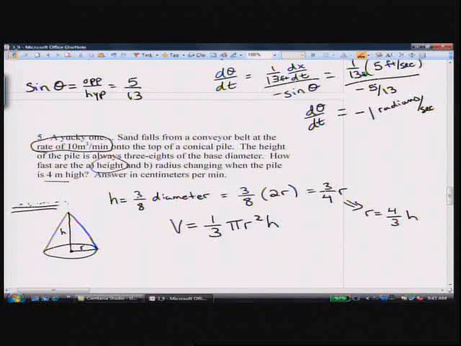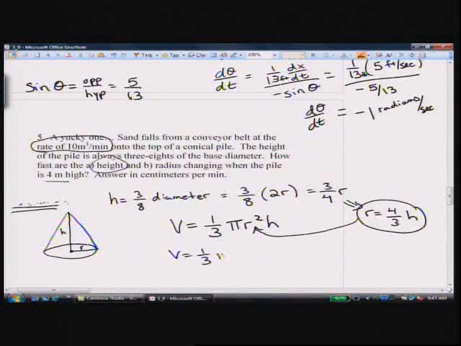Do y'all agree with that? If h is equal to 3/4 r, then r must be equal to 4/3 h. Okay? So I'm going to take that and pop it in right here. So I get V equals 1/3 pi r squared, which is (4/3 h) squared times h.